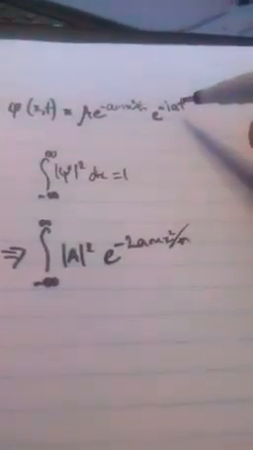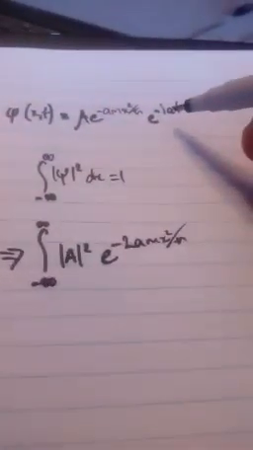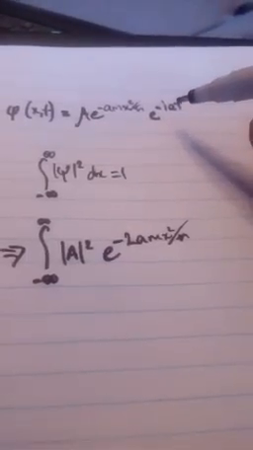It should be h bar, actually. I don't know why it just says h. And then this squared becomes equal to 1, because when you multiply a complex number by its conjugate, you get 1.